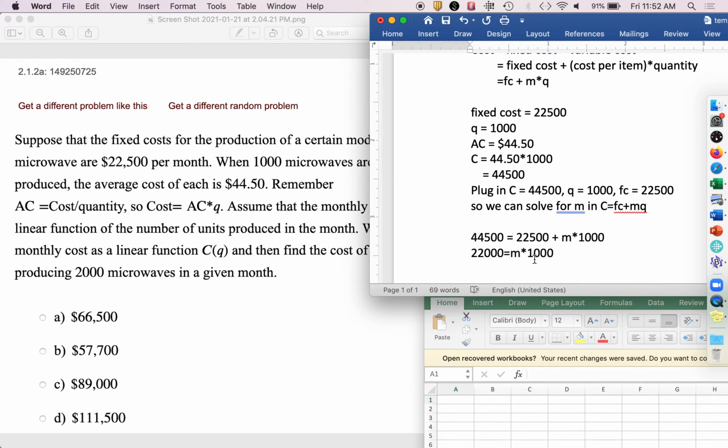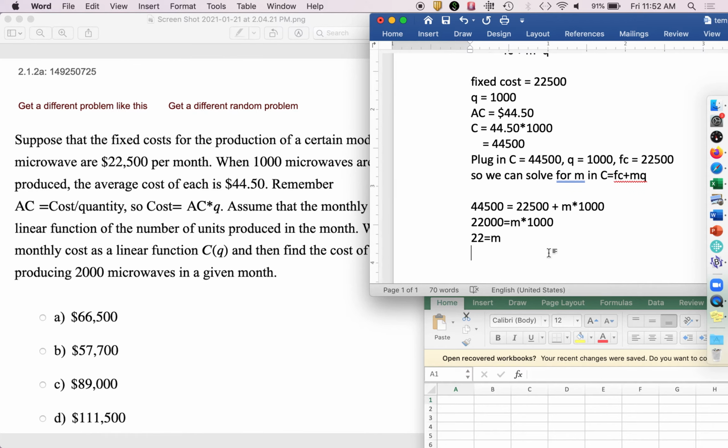Then the next step to solve for M is to divide by 1,000. 22,000 divided by 1,000 is 22. So now I know the cost per item. So the equation we're looking for is C equals fixed cost 22,500, which is not dependent on the quantity, plus 22 times the quantity.